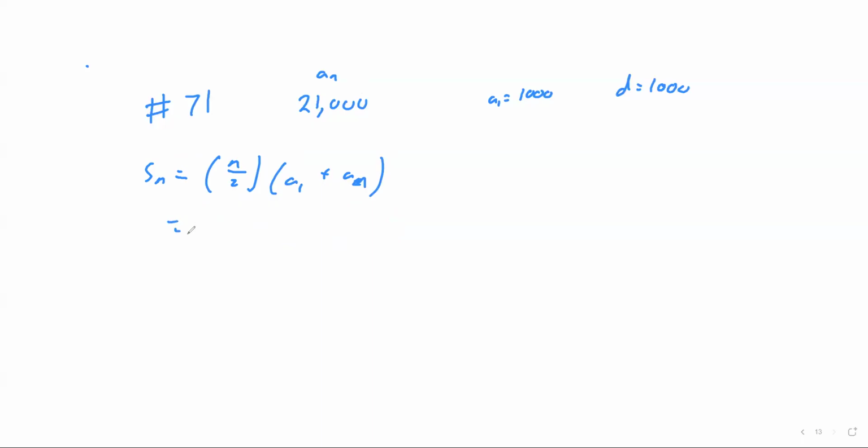All right, so, well, I guess you would need the n anyways, because I don't know n. I know that the summation would be 21,000. I don't know what n is. I know my first term is 1,000.